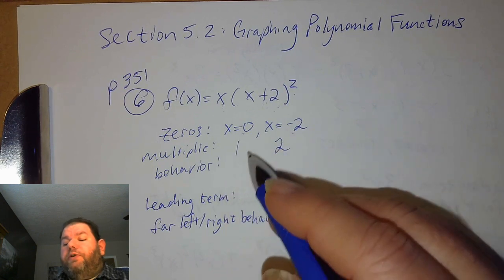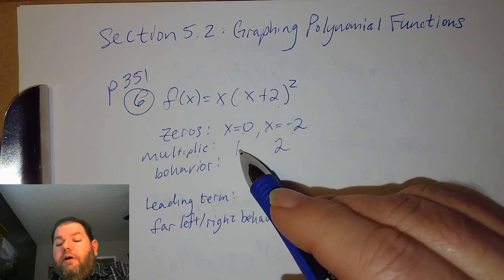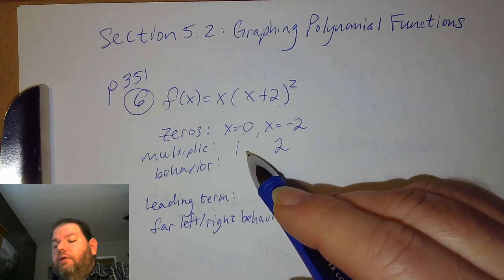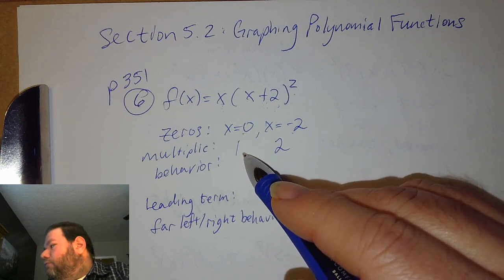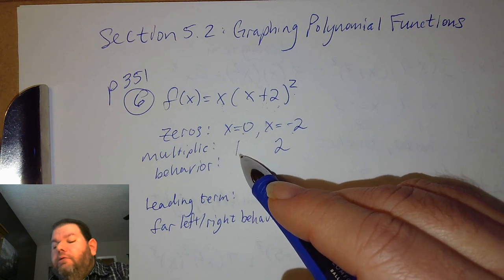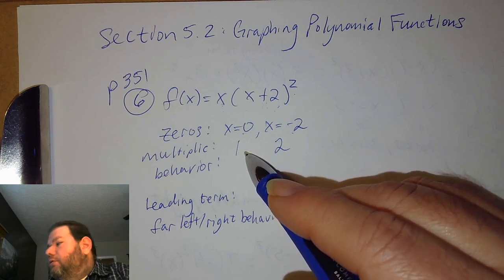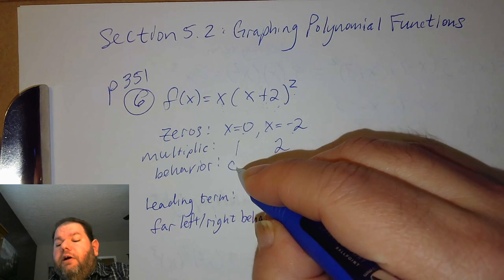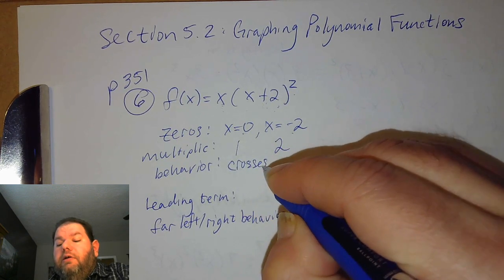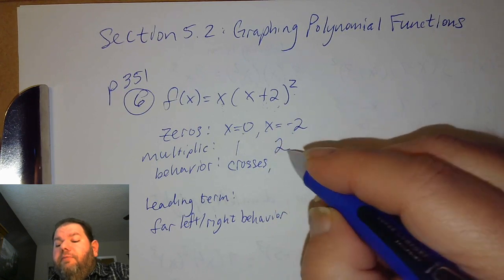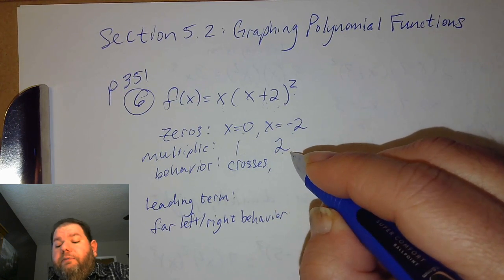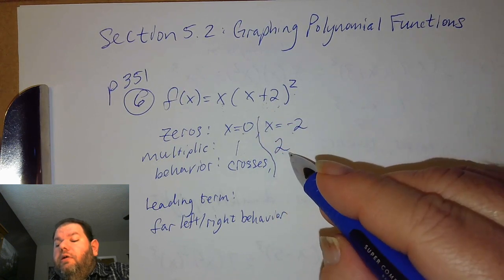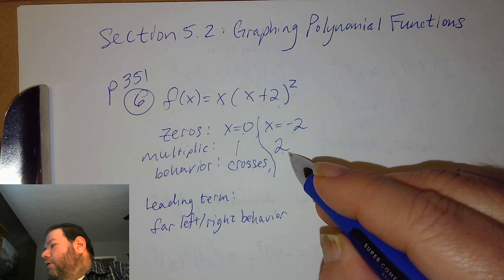Now, what is the behavior when we have an odd multiplicity? Crosses if it's an odd multiplicity, and if it's an even multiplicity, such as we have here, what is that behavior? Touches.